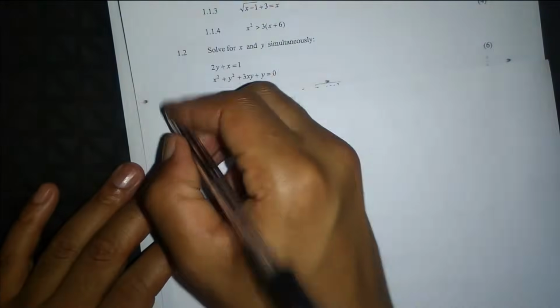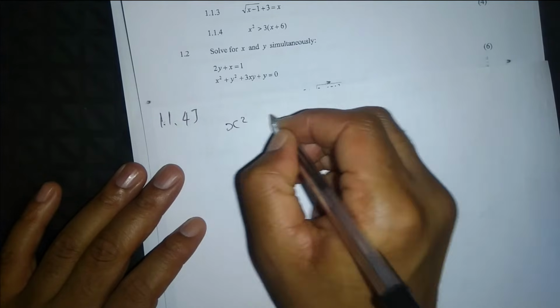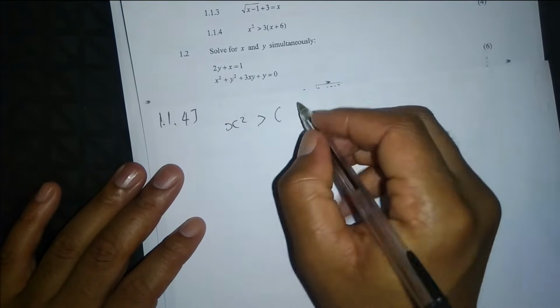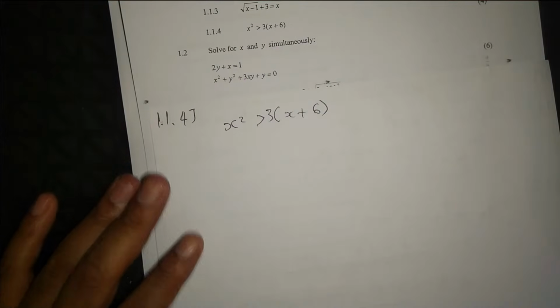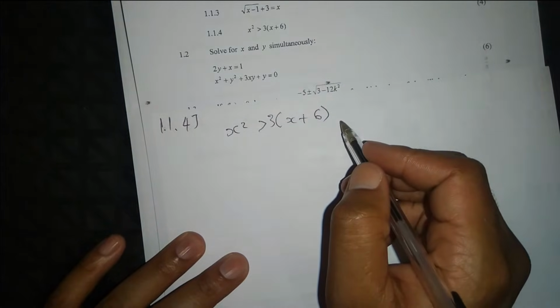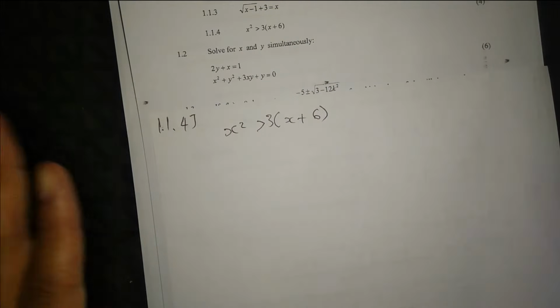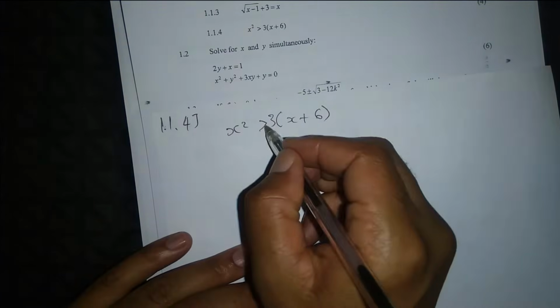Now we are at 1.1.4. It's x squared greater than something, so this is a quadratic inequality. We need to simplify the brackets and solve it like a normal quadratic equation.